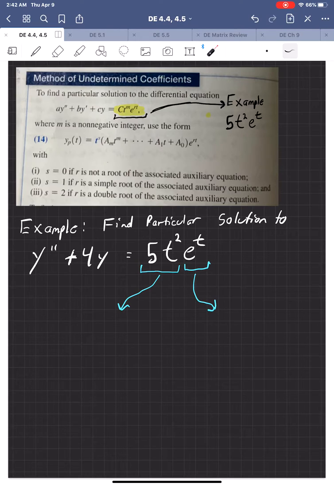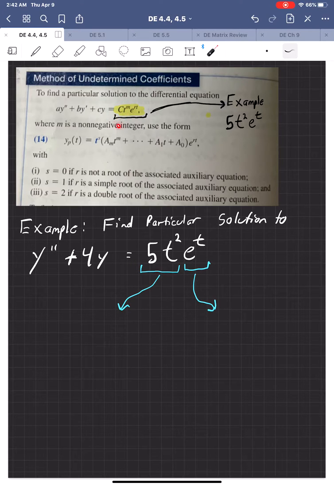So this is kind of what I was pointing out at the very end of last video. What happens now? We were just doing a very easy case when you had e to the rt and you didn't have it multiplied by something else.